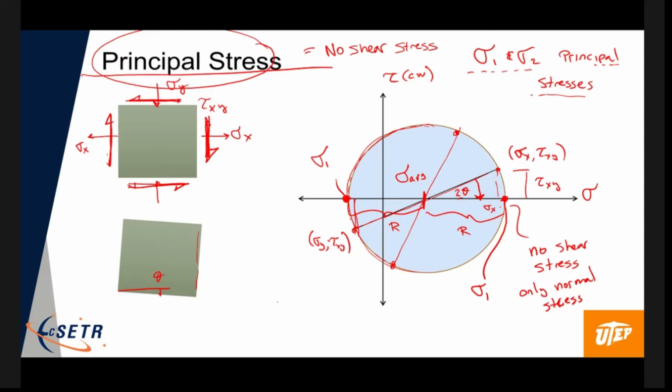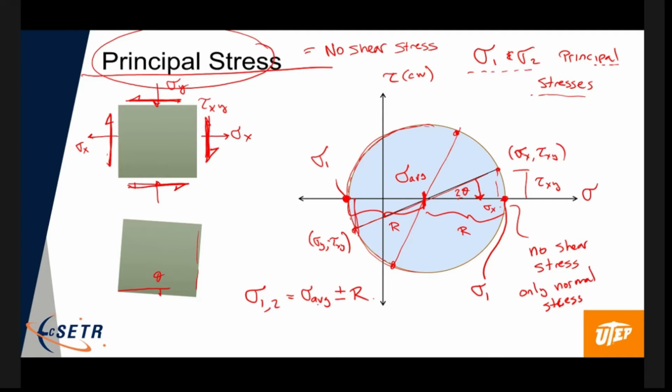So the normal stresses, well, let's just do it this way, because which one's sigma 1 and which one's sigma 2 is sometimes arbitrary, right? So I'm going to just do sigma 1 and 2. The principal stresses equal the average stress, the center of your Mohr circle, plus or minus the radius, okay?